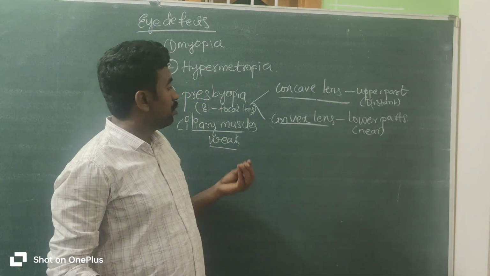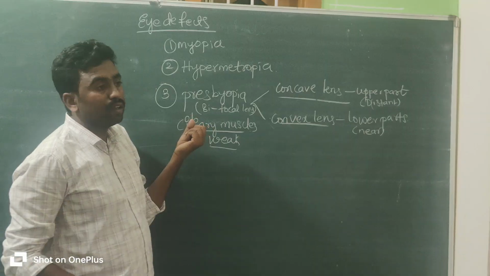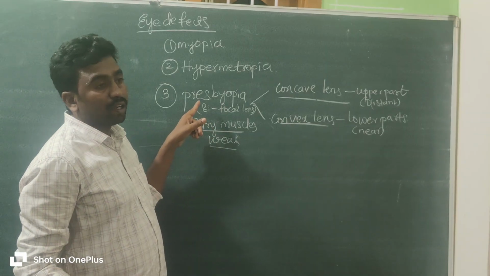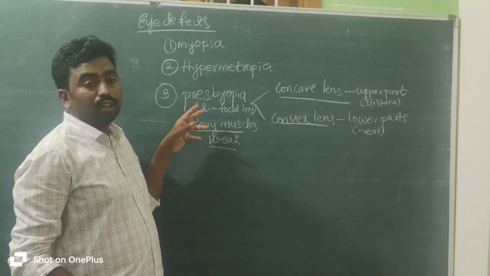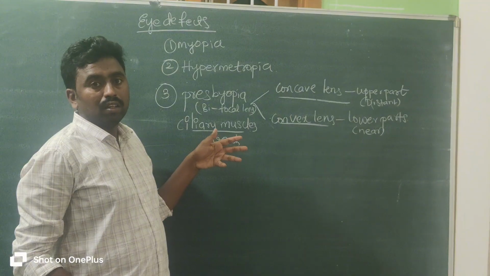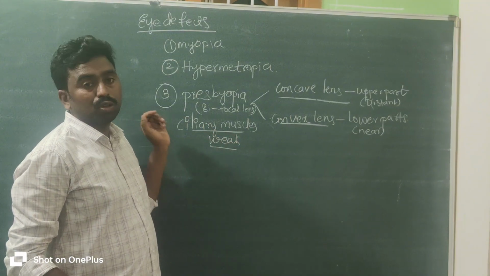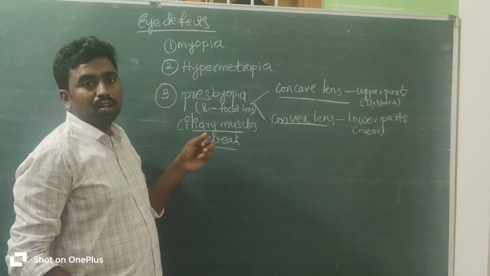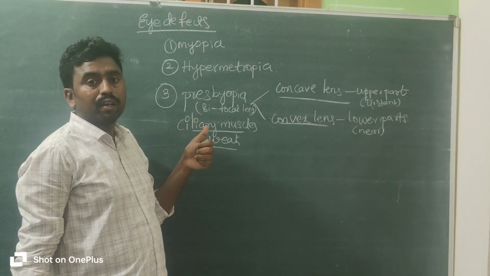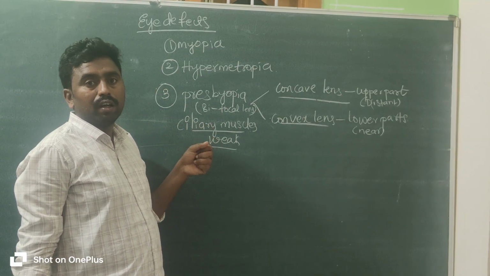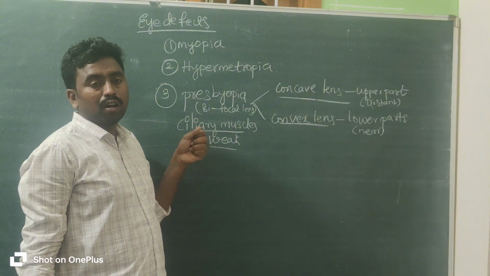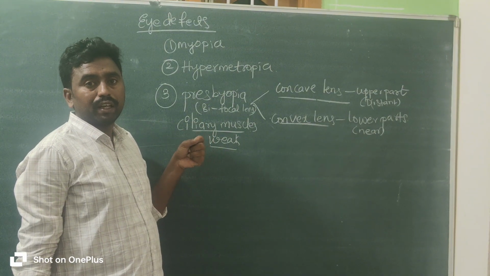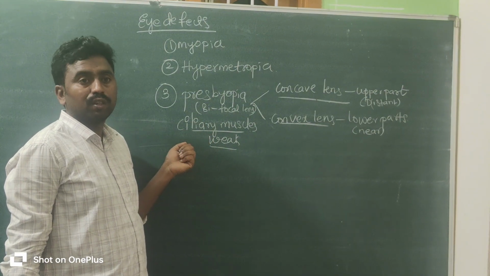Today, to correct presbyopia, we use lenses or surgeries. So this is the solution. With this topic, we have completed the structure of the human eye, the functions of each part, the power of accommodation, and defects of the human eye. These are very useful and scoring topics.